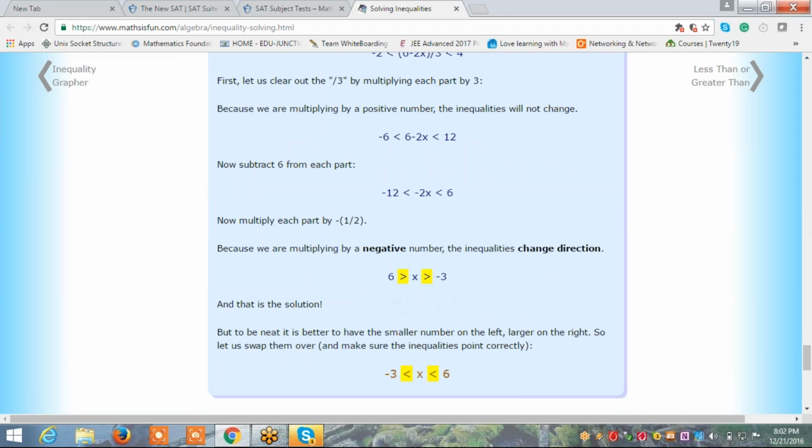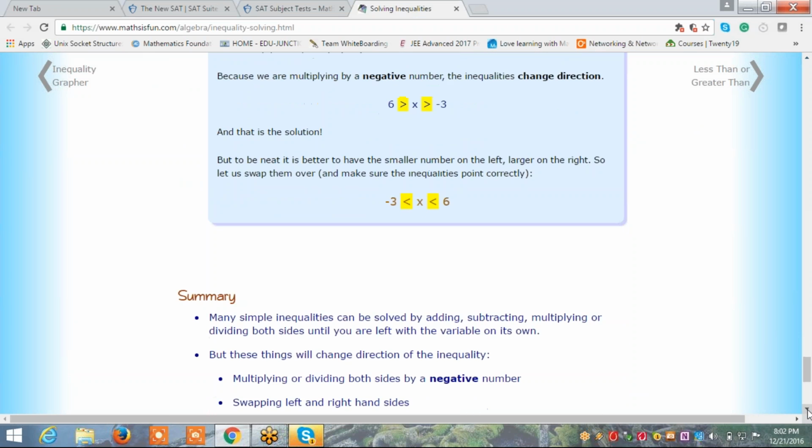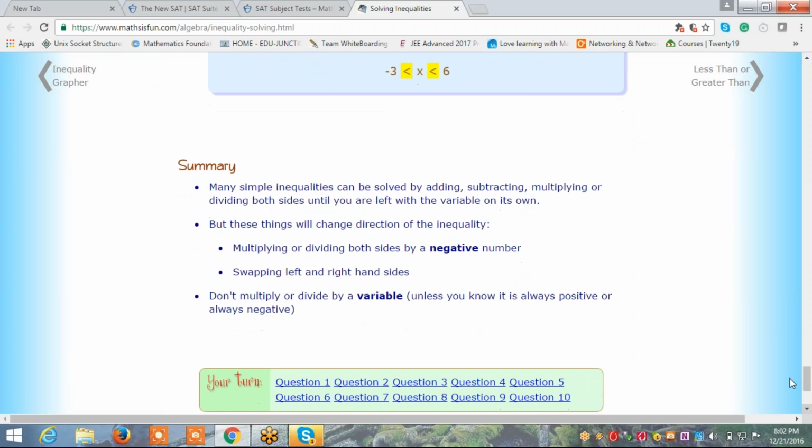See, this changing of sign is most important here. As a summary of this discussion, simple inequalities can be solved by 3 processes. We give the same priority to multiplying and dividing both sides.